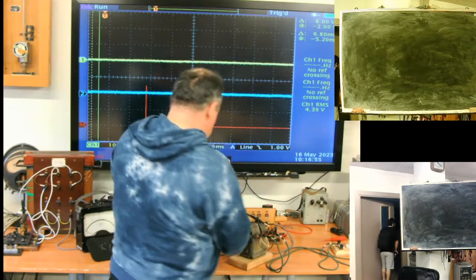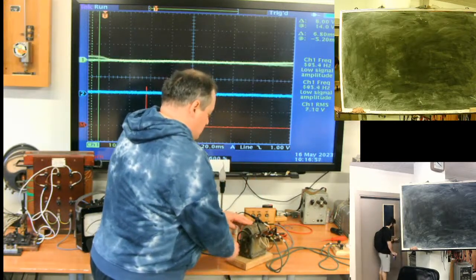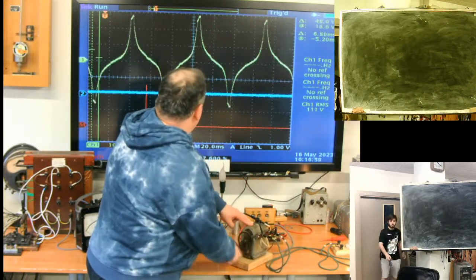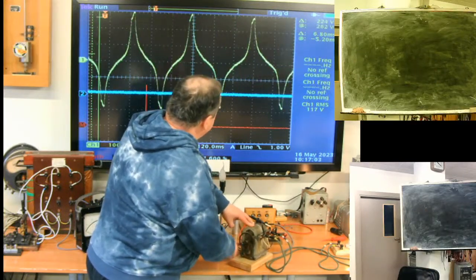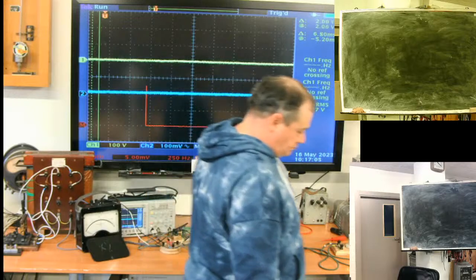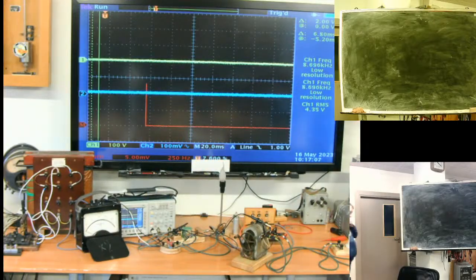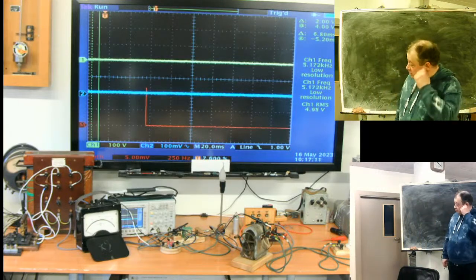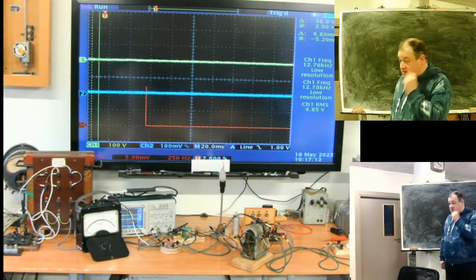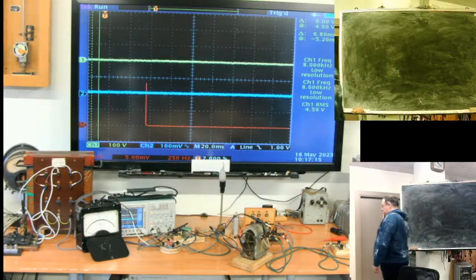But this simple generator produces something a bit different. Not any generator produces a nice sine or cosine. It's possible, it's a problem.